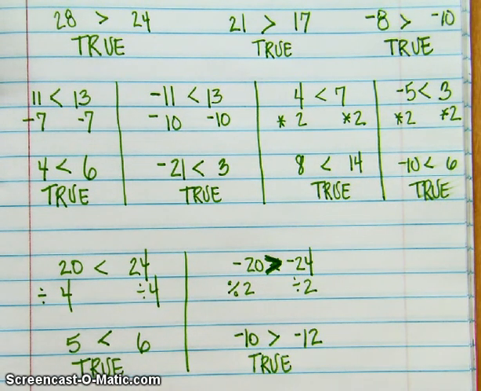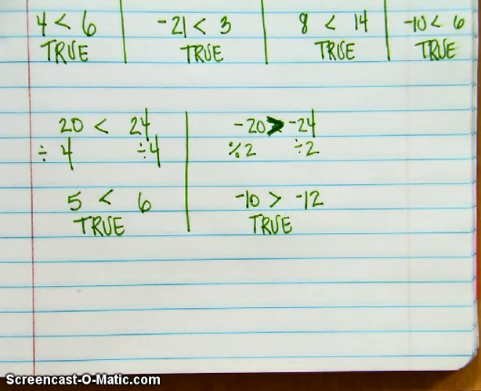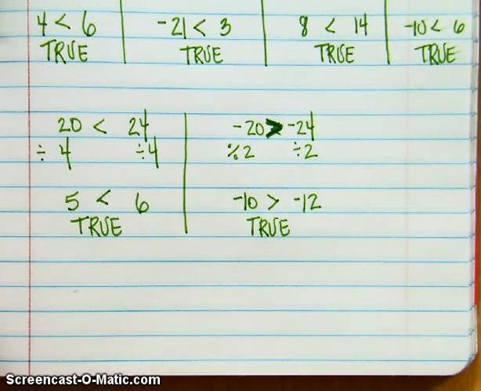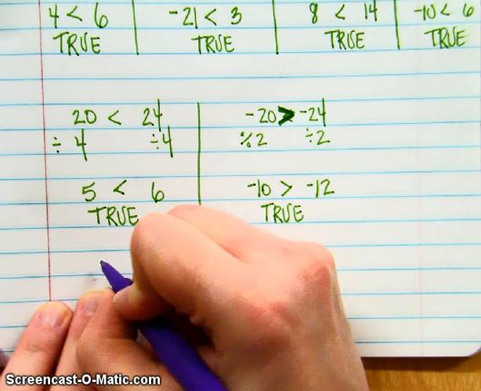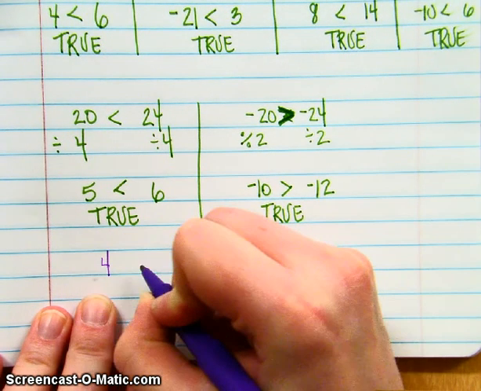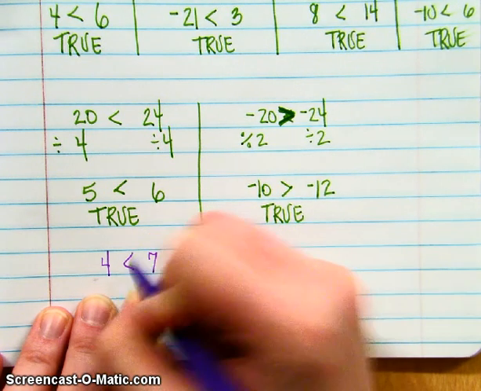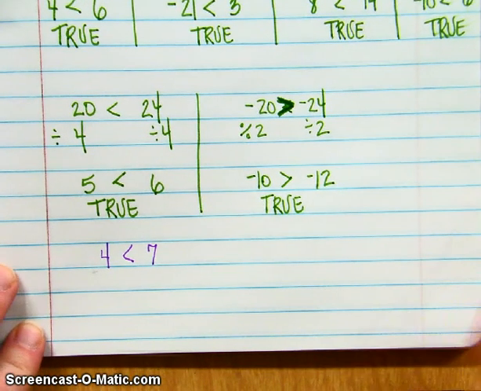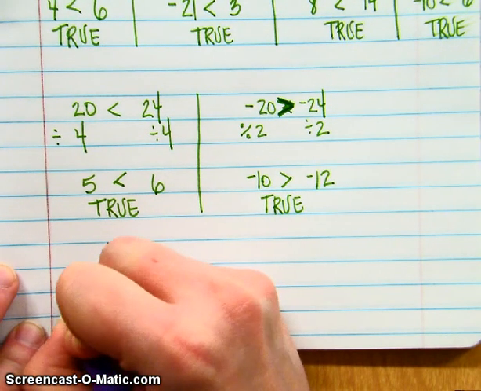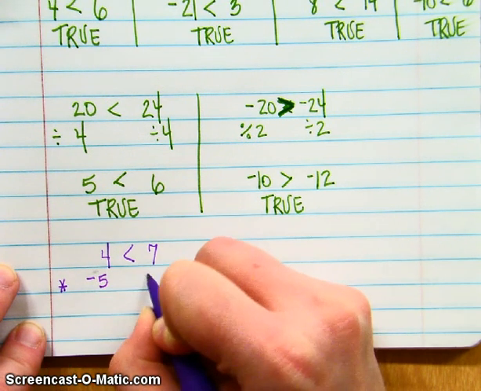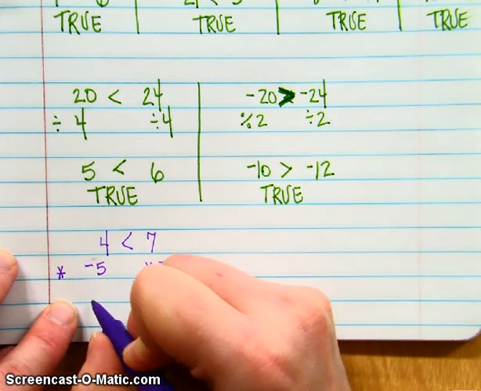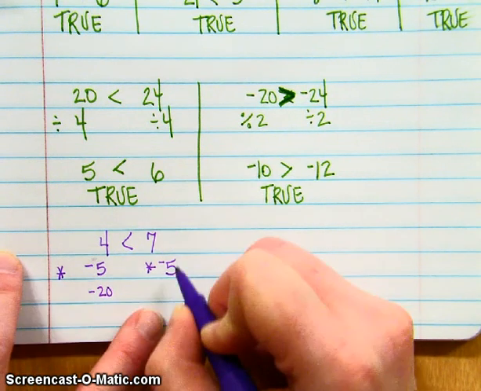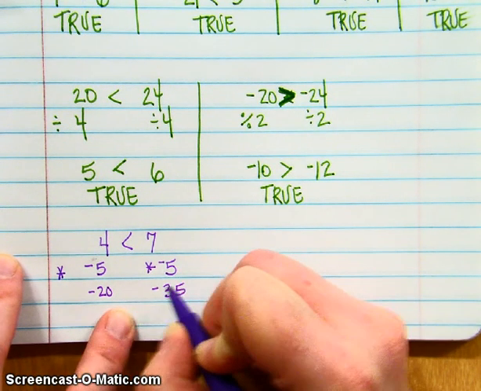Last two examples. If I start off with 4, 7, this is less than, and I multiply by negative 5, I get negative 20, and I get negative 35.